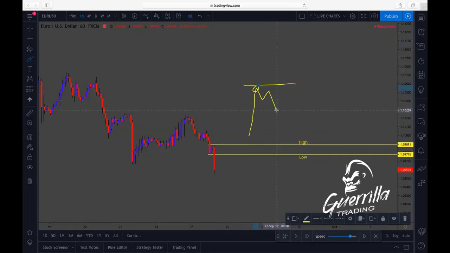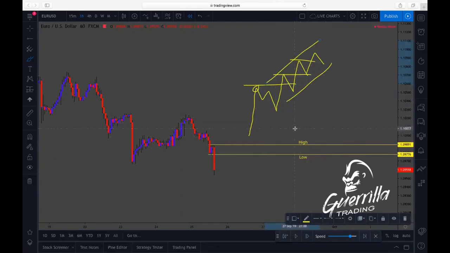But if price comes up and then retraces, comes up and retraces, breaking the high and retracing, this is showing us that we've started with an impulse, we've got a continuation pattern, but as soon as we broke this most recent high, we've pulled back, giving us an ascending channel.